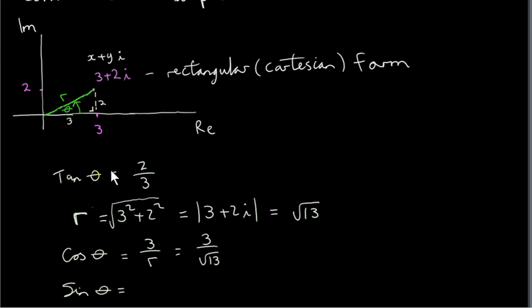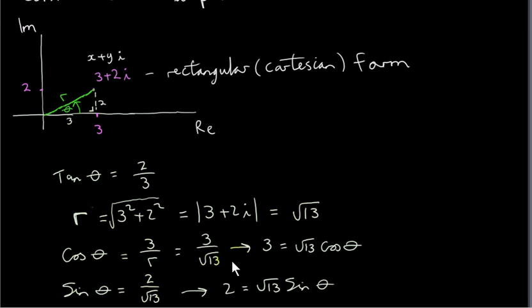The sine of theta is the side opposite theta, which is 2, divided by the hypotenuse, which is r, which we know as root 13. So you can see that we can write the real part of our complex number, which is 3, as r multiplied by the cos of theta. And we can write the imaginary part, which is plus 2, as r times the sine of theta.